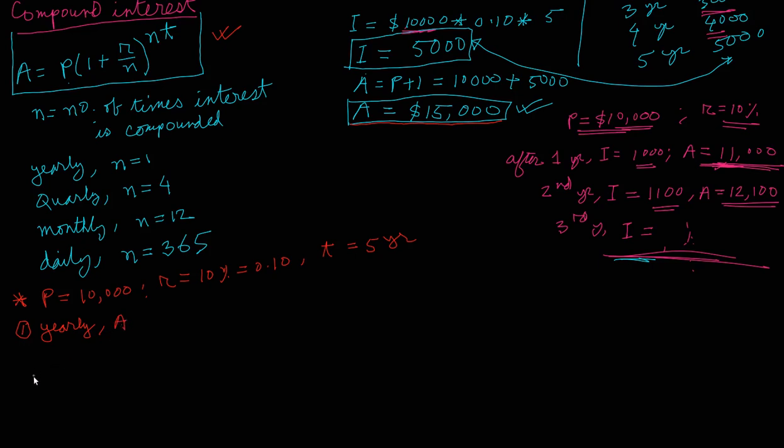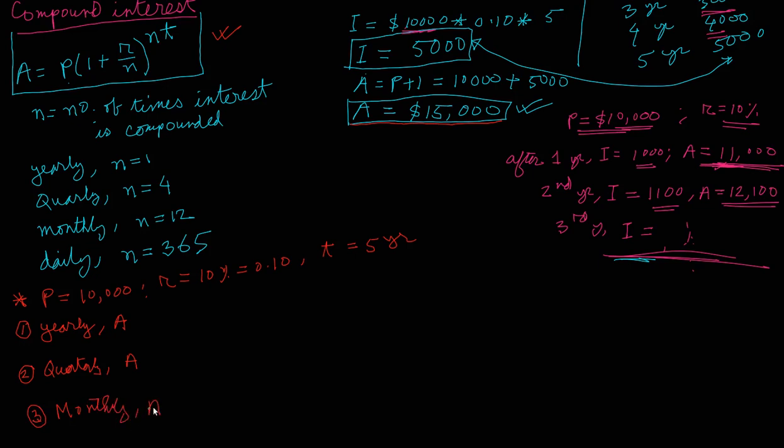A. So I need to find out how much money John has to pay back if interest is compounded quarterly. So I need to find A, and I need to find how much John has to pay back if interest is compounded monthly.